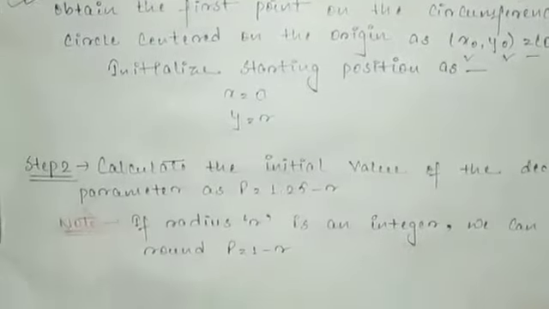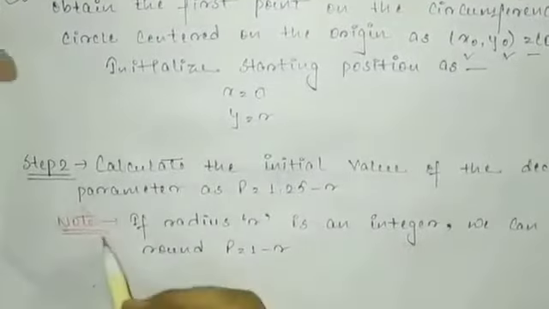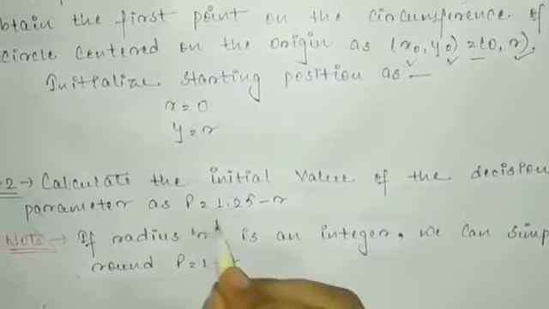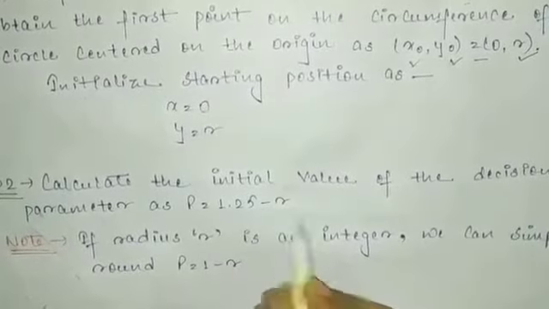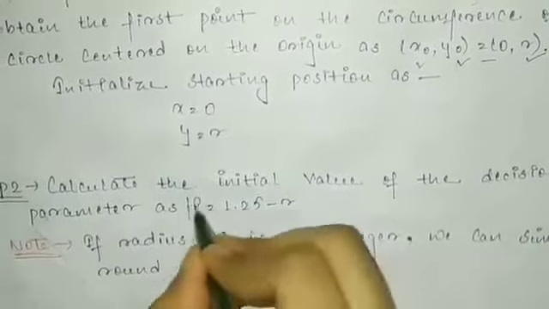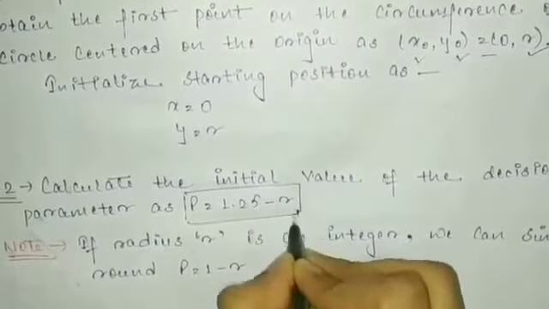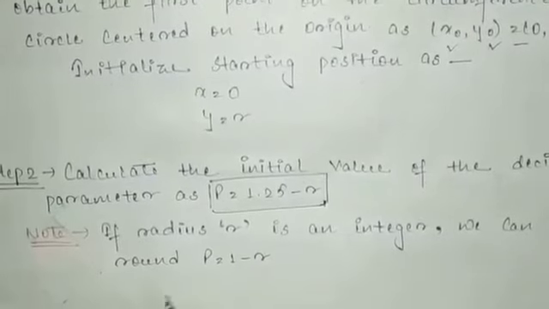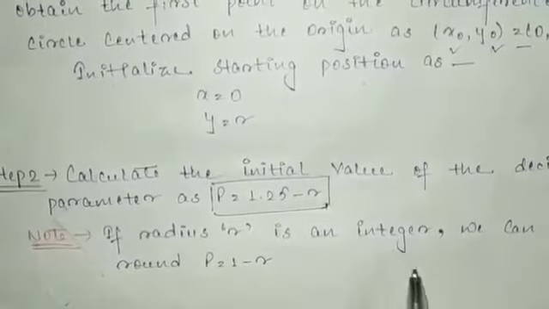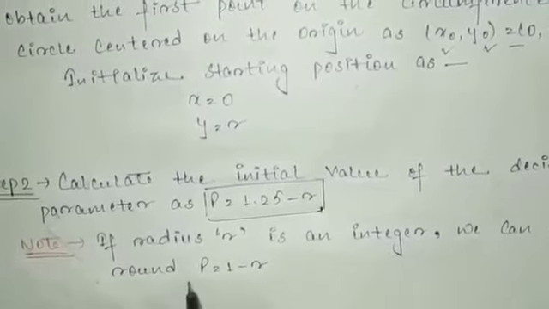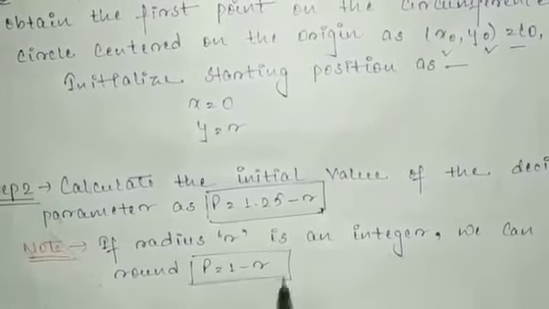In the step 2, calculate the initial value of the decision parameter as p is equals to 1.25 minus r. Here we are calculating the initial value of the decision parameter, and note one thing, that if radius r is an integer, then we can simply round p is equals to 1 minus r.